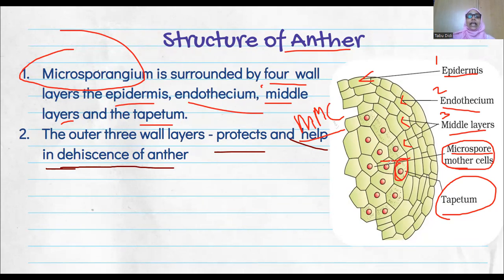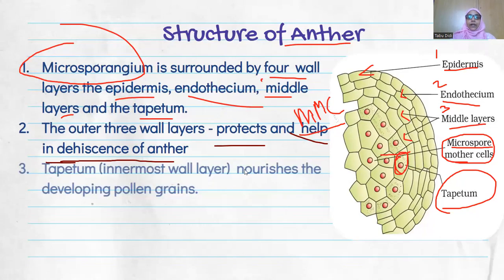Now, when they are ready, these layers help in the burst opening of the anther to release the pollen grains. So the outer three layers will protect as well as help in the dehiscence of the anther. Clear?